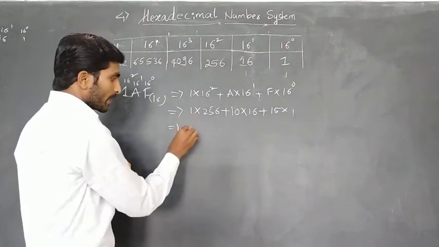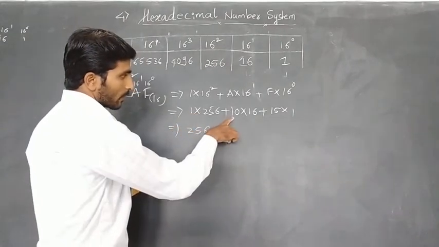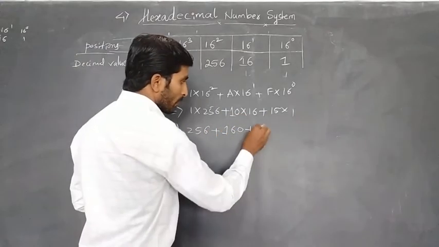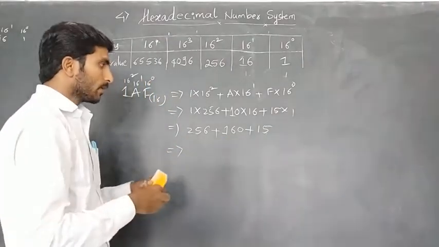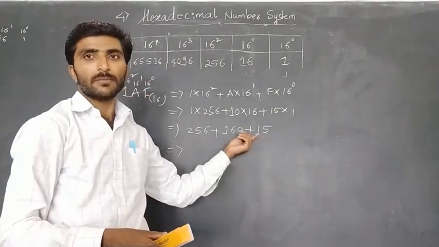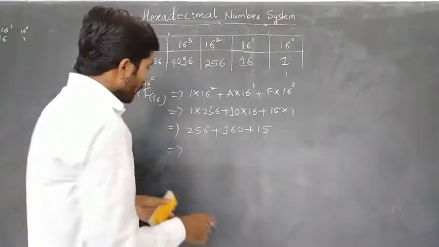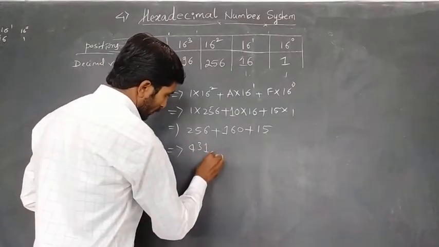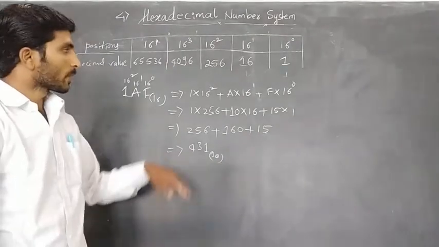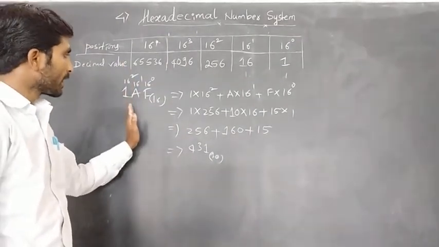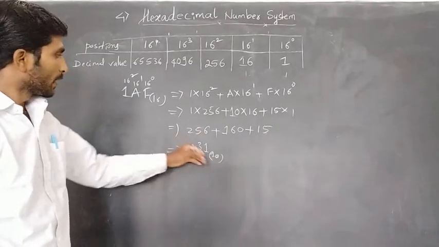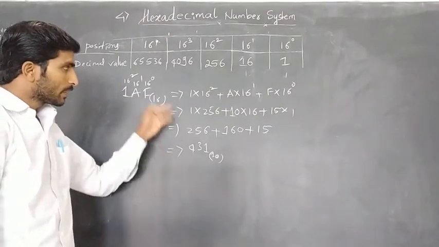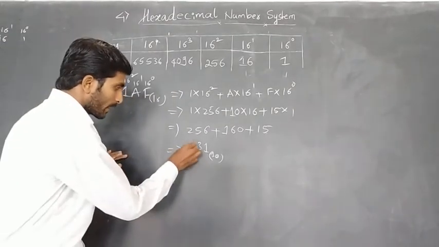Now 1 into 256 is 256, plus 10 into 16 is 160, plus 15 into 1 is 15. Adding these numbers gives 431. Then you write the base 10. So this is an example of how to convert hexadecimal to the decimal number system: 1AF in hexadecimal, after converting, is 431.